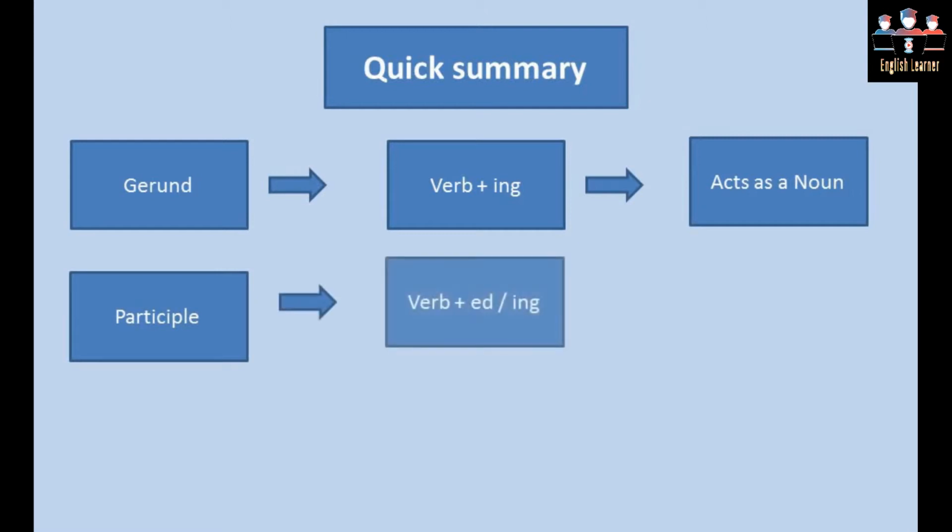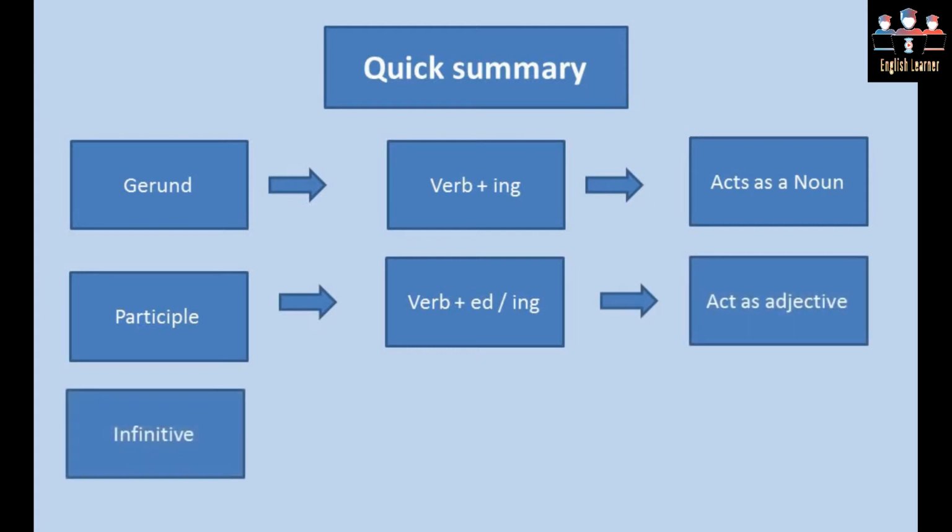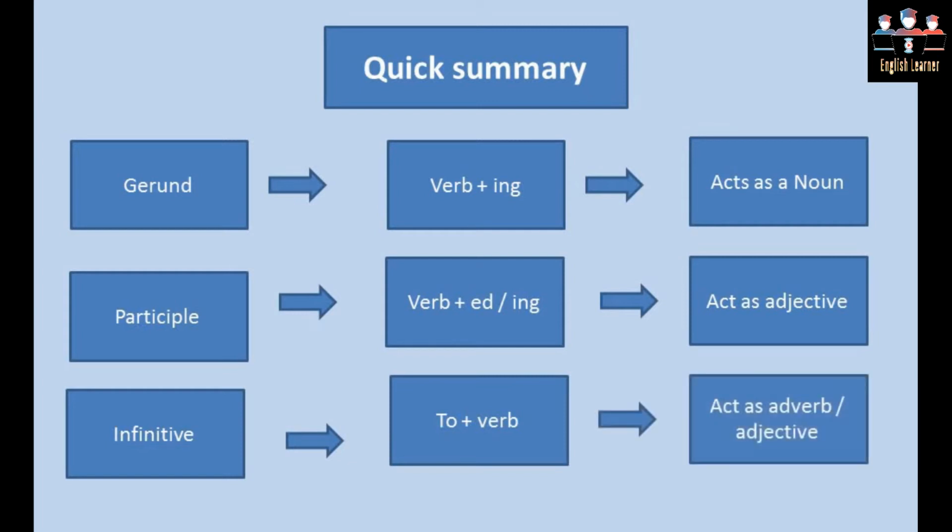They are formed by verb plus ed or ing, ed in past tense and ing in present tense, and they act in a sentence as an adjective. The last one is infinitives, and they are formed like to plus verb, and they act in a sentence as an adverb as well as an adjective.